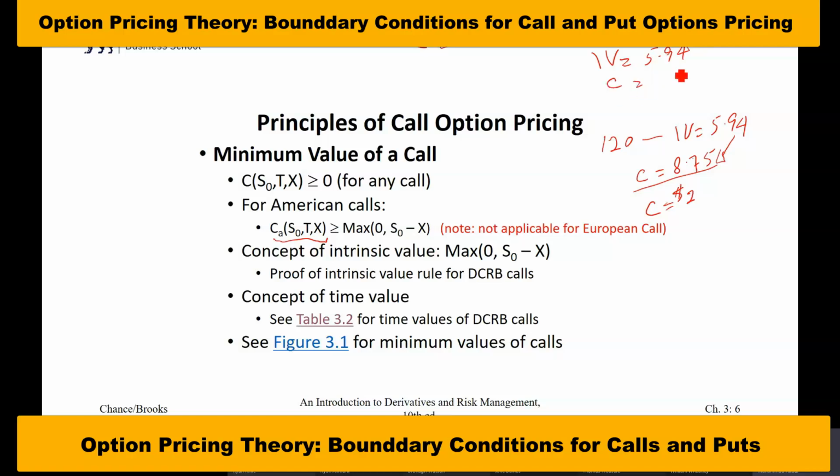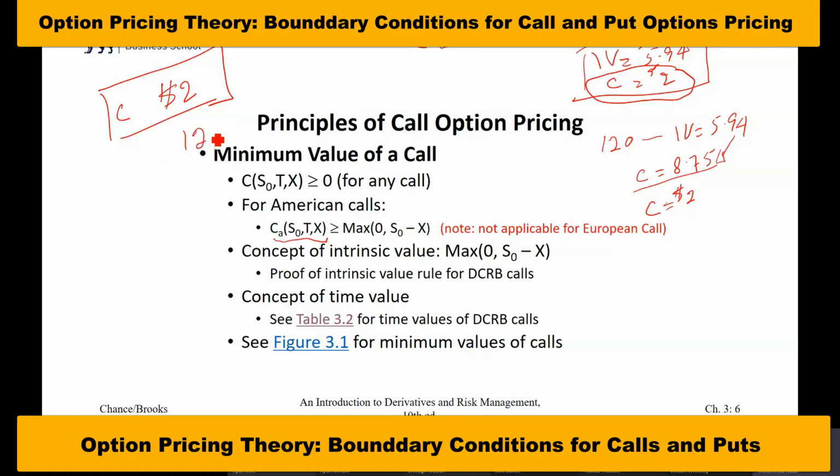But let's suppose the call price is $2. What will happen? There will be an arbitrage. What will people do? If I were you, I would buy this call for $2, and because it's an American call, I will straight away exercise it.